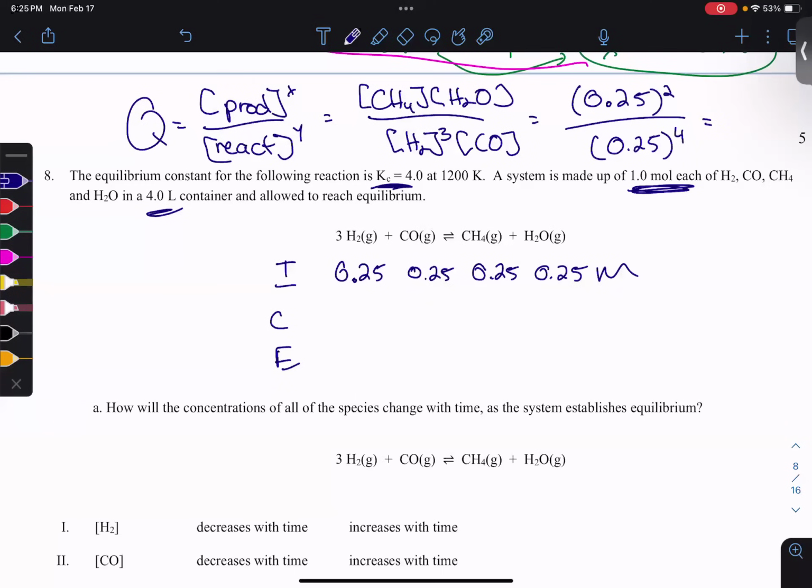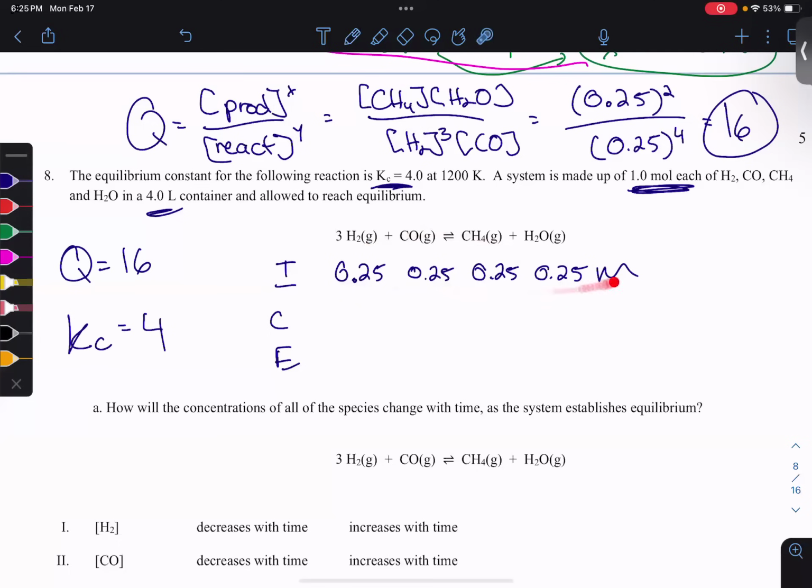And if I look at my key, this is equal to 16. So Q is equal to 16, and I told you that Kc, the actual equilibrium constant, is 4. Remember, Q, K, whatever, is always products over reactants. So right now, at this moment, Q is 16. So I have too much what right now? Products. That's what I want you to think about.